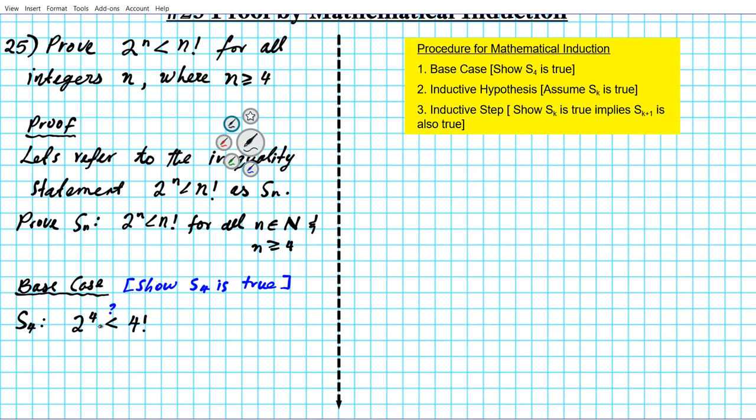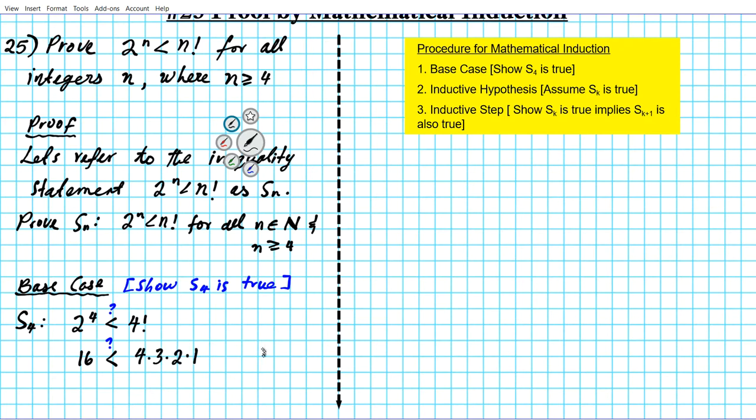So 2 to the 4 is 2 times 2 times 2 times 2, or 4 times 4, which is 16. Is 16 less than 4 factorial? Now remember what factorial is: you count down all the way to 1 and you multiply the numbers in your countdown. So 4 factorial is 4 times 3 times 2 times 1.